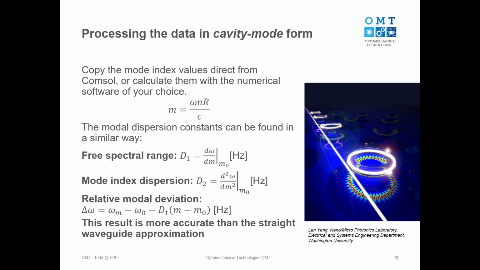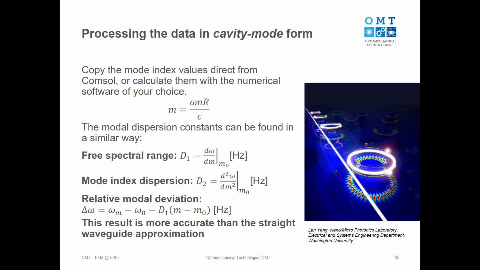If you have a function of the mode index and frequency, you can then find the mode spectrum of the cavity by taking d omega by dm, the change in frequency per change in mode. That's your FSR. Then you derive that again to get your change in FSR per FSR, which is the mode dispersion, the D2.